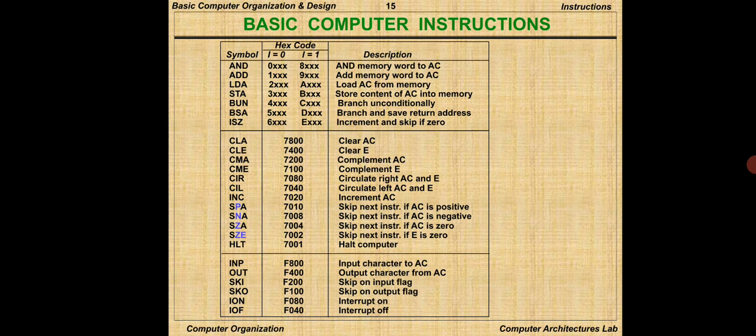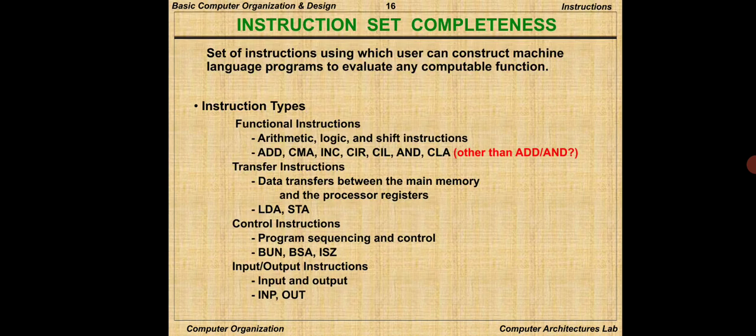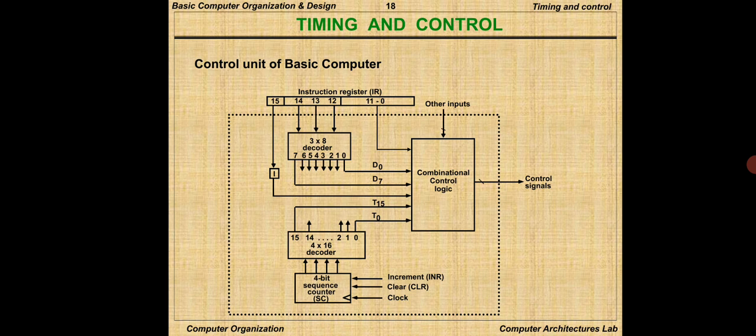Based on these 3 bits of opcode, you get different instructions: AND operation, add operation, load, store, branch unconditional, branch and save return address, increment and skip. These are different combinational operations which you perform, and that can be done using this combinational control logic circuit.